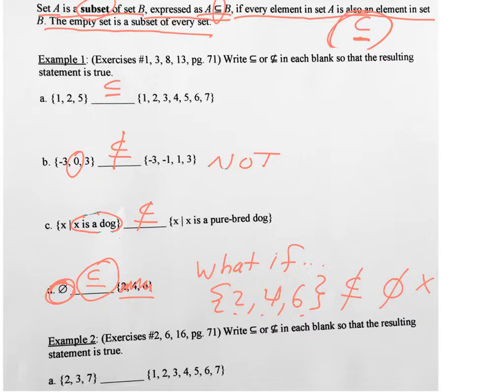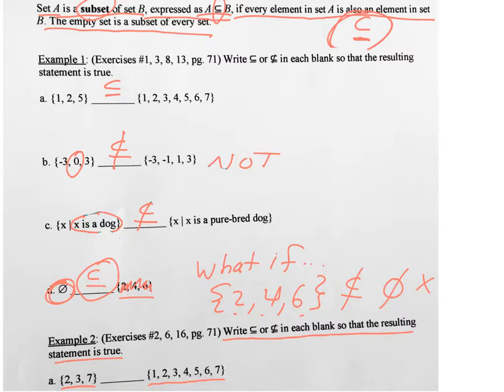Let's try one more example. Example 2, same directions, write subset or not a subset in each blank so that the resulting statement is true. So we have the set of 2, 3, 7 this time on the left. On the right, is that a subset of the set of 1, 2, 3, 4, 5, 6, 7? Remember, subset, don't overthink it.